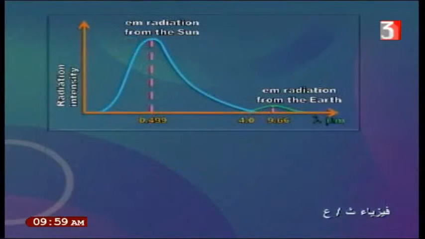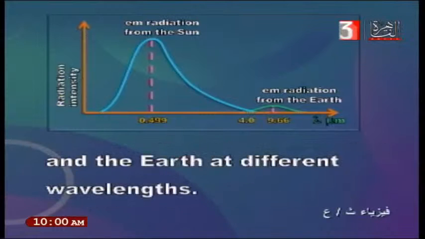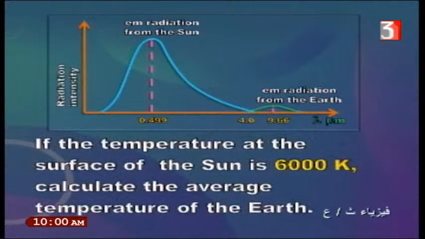The figure shows the curves that represent the intensities of the radiations emitted by the Sun and the Earth at different wavelengths. If the temperature at the surface of the Sun is 6,000 Kelvin, calculate the average temperature of the Earth.